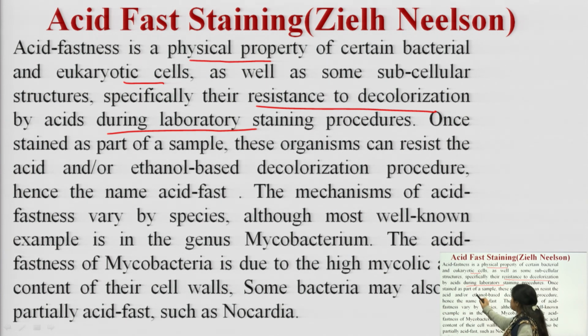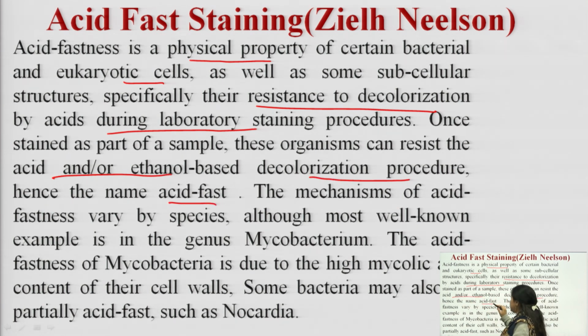Once we have stained our cells with the primary reagent, they will absorb it, and the primary reagent will not be washed out in acid fast microorganisms when we wash with the acidic ethanol decolorization procedure.